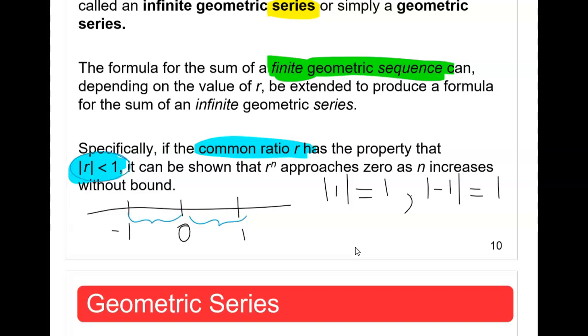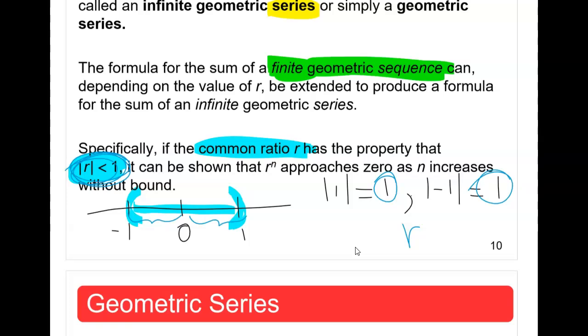And so with us saying something like that, we're actually saying that we want the absolute value of r to be less than 1. And what that means is that it will include all the numbers from here to here without including -1 and 1, because then it wouldn't be a geometric sequence, like just multiplying by 1 as the common ratio.